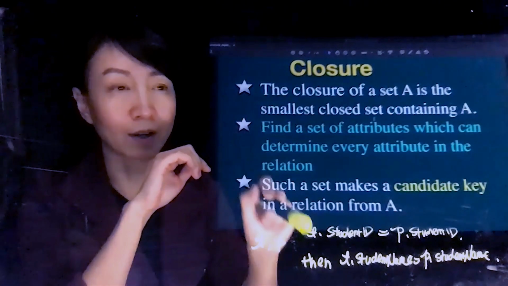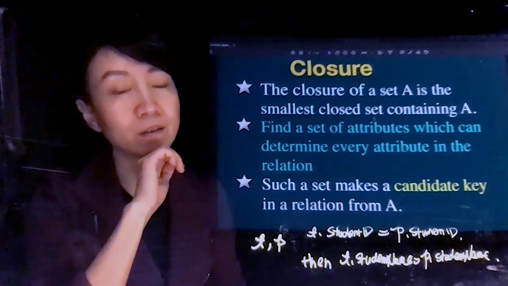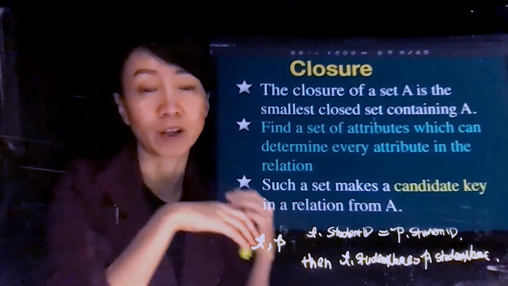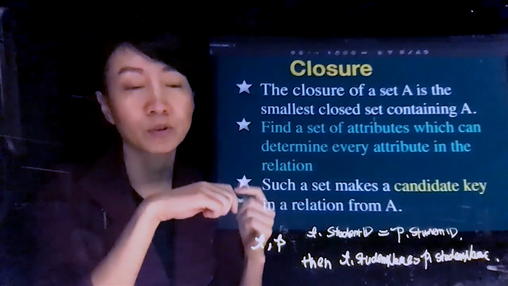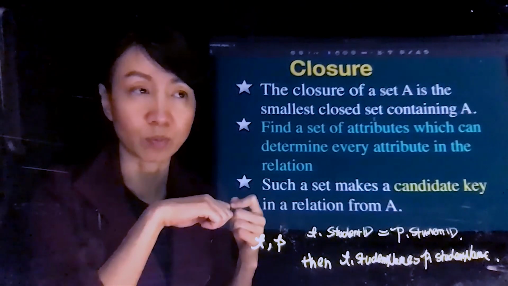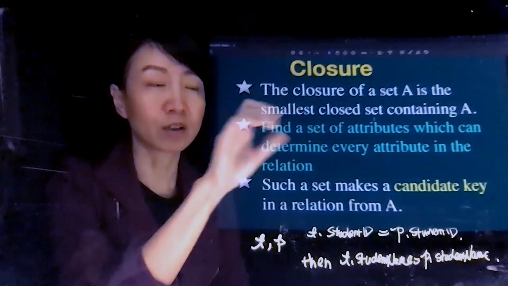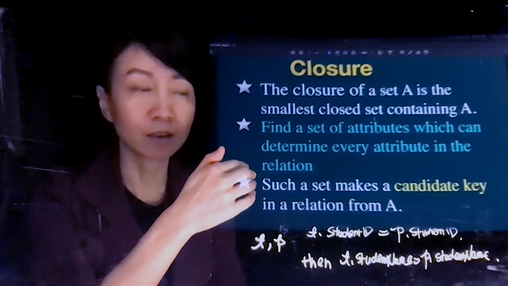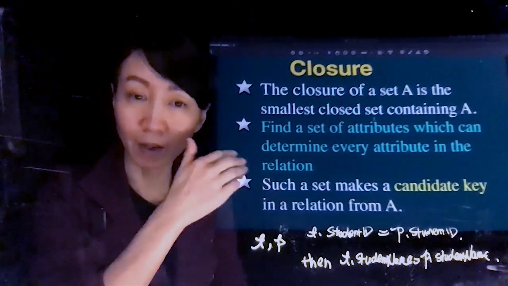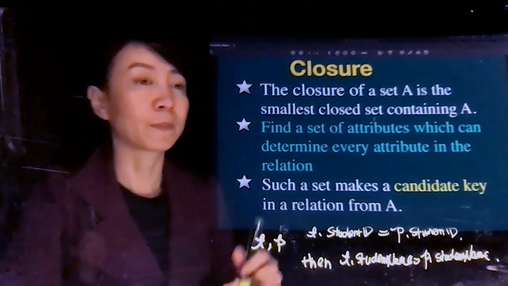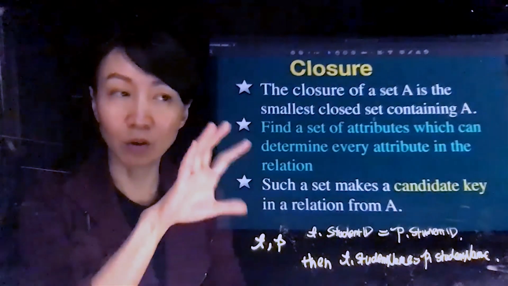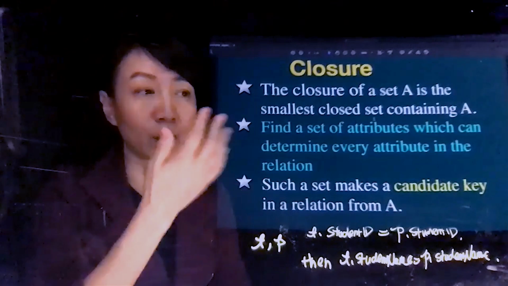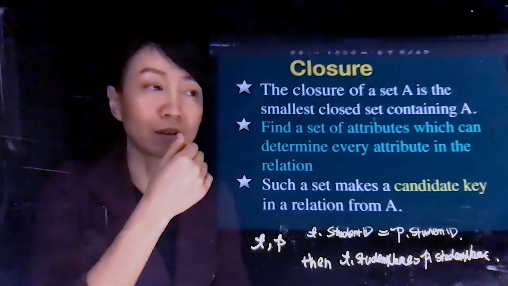However, the second one gives you an informal definition of the primary key used in relational databases. The first one is used in relational algebra, but the closure of a set A is the primary key for the relation containing A. Okay, so such a closure makes a candidate key in a relation from A, but we can select candidate keys.